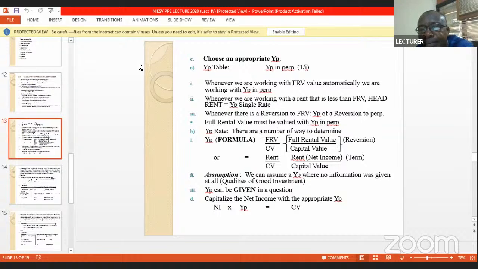For instance, please pick a calculator where you are. Use your phone for a calculator. Let us assume that the rent passing in a property is 350,000 naira.